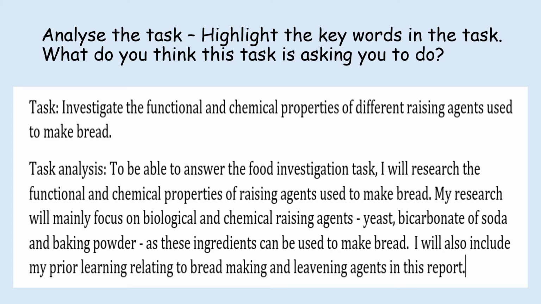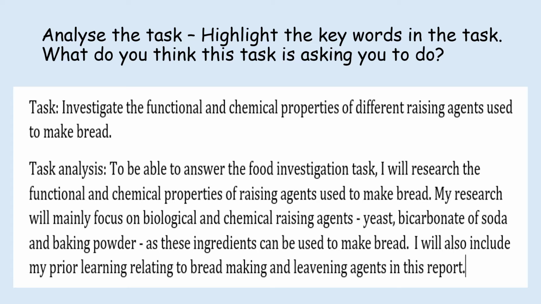Firstly, you'll need to analyse the task. You need to highlight the key words in the task and then think about what the task is asking you to do. So we've got our title, investigate the functional and chemical properties of different raising agents used to make bread. So I'm going to do an analysis, and my analysis here is to be able to answer the food investigation task.